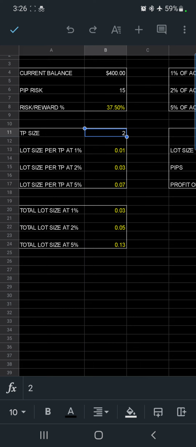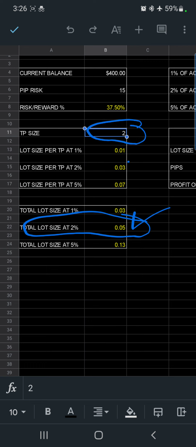Now, just for the sake of this example, we're going to choose 2%. We're going to risk 2% of our account. So because of that, we're going to use a lot size of 0.05. Now, in order to maintain proper risk management, we're not going to have 2 TP levels of 0.05.